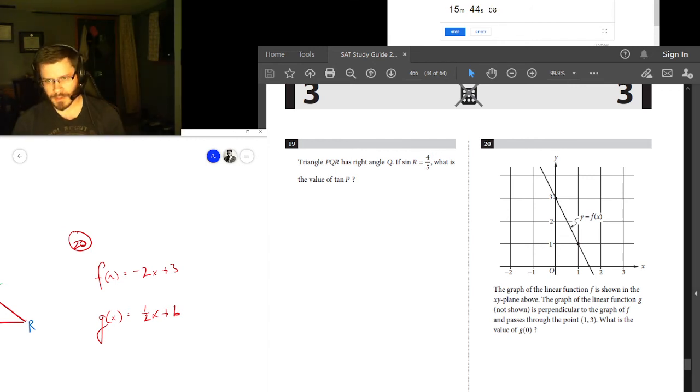So we plug in the coordinate point 1, 3 that they gave us. 1/2 times 1 plus b equals 3. As soon as we find b, we're done. So 1/2 plus b equals 3. Subtract the 1/2 over and you get 2.5. You could also do it as a fraction, but that should be sufficient.